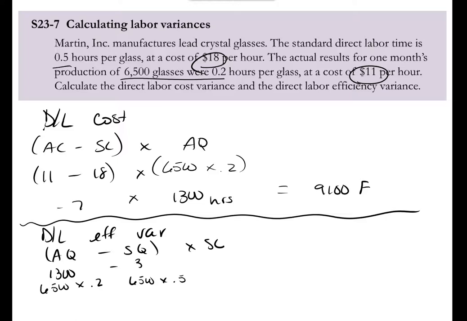So I was expecting to use 3,250 hours. I only used 1,300. And then I take that times the standard cost, which is $18, and I get a $35,100 variance. But it's favorable because I used a lot less hours than I was expecting to use.